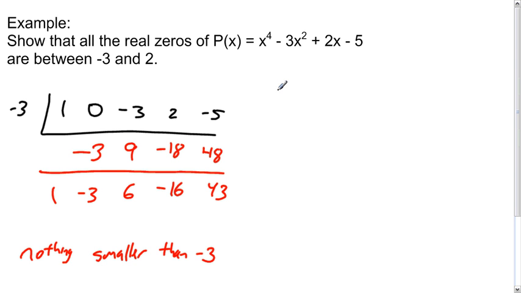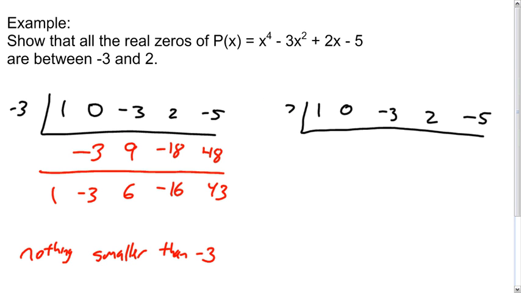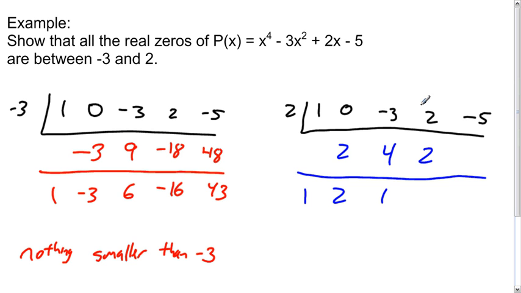Then we'll do it again for 2. So bring down the 1, multiply to get 2, add 2, multiply 4, add, you get 1, multiply 2, add, you get 4, multiply, you get 8, add, you get 3.